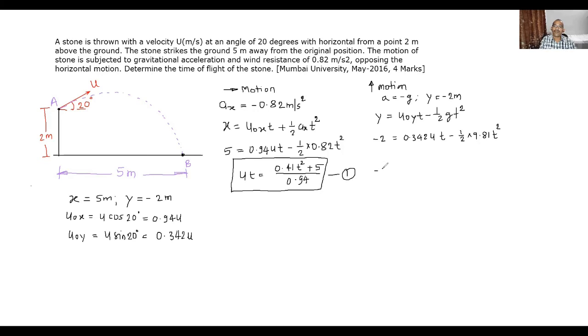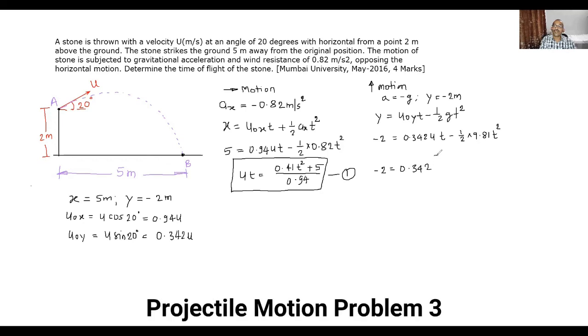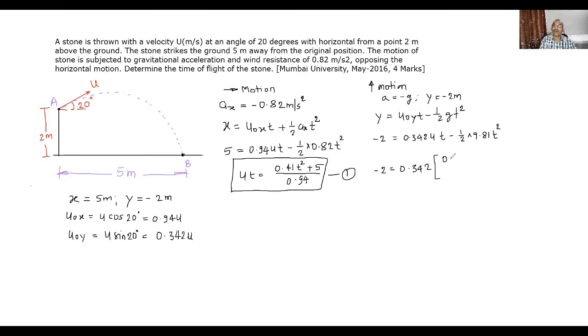The equation will then be in terms of only t. So if we substitute here, what do we get? 0.342, and ut is 0.41 t square plus 5 divided by 0.94. This is the value of ut, minus 9.81 by 2, which means 4.905, and here t square.